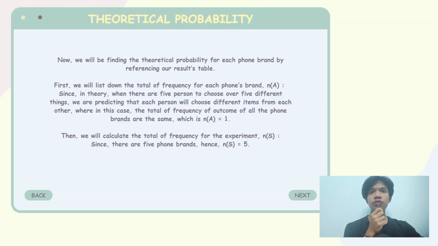We move on to the theoretical probability for our experiment. The theoretical probability can be obtained by using the formula P(A) equal to N(A) over N(S). Since in theory the frequency of outcome of all the phones is the same, N(A) equals 1, hence all phone brands have the same theoretical probability.